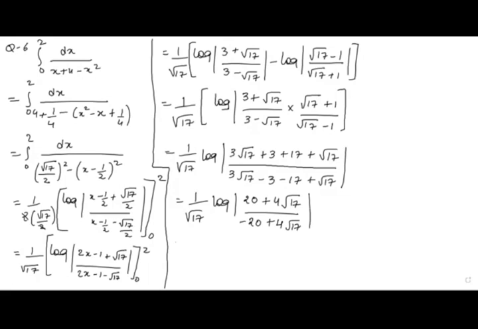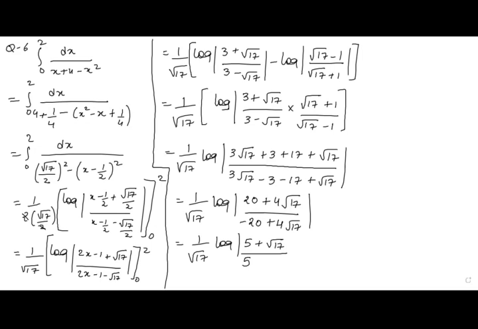I can take 4 common outside to get 5 plus root 17 upon, again taking minus common outside from this, 5 minus root 17. I can write that as it is mod.